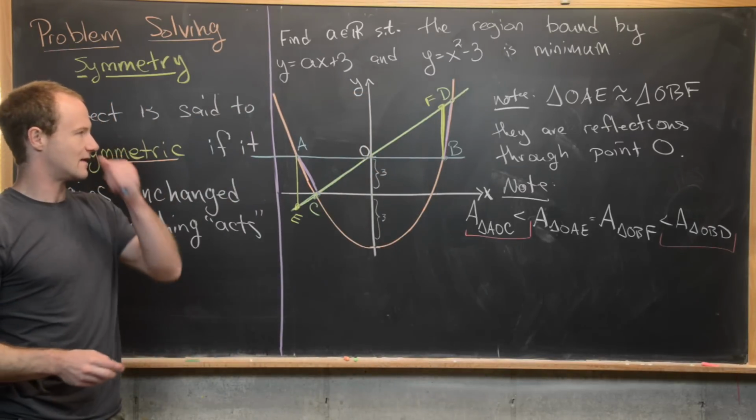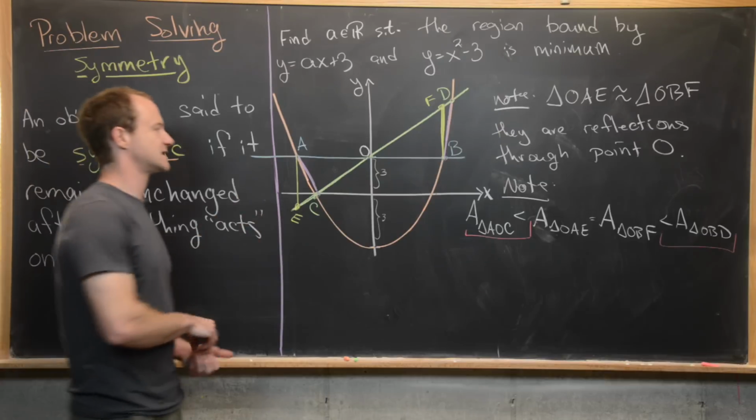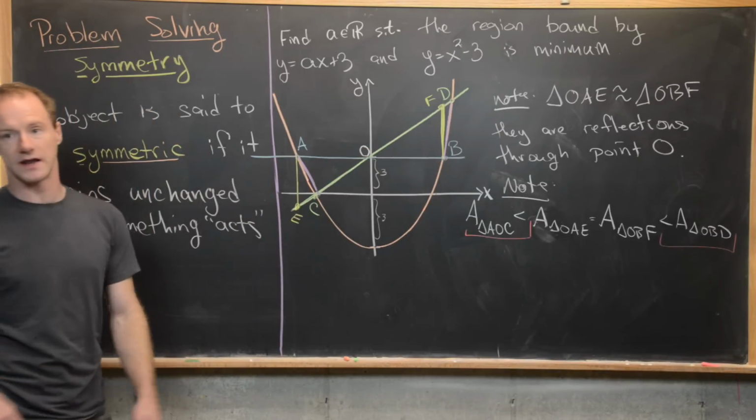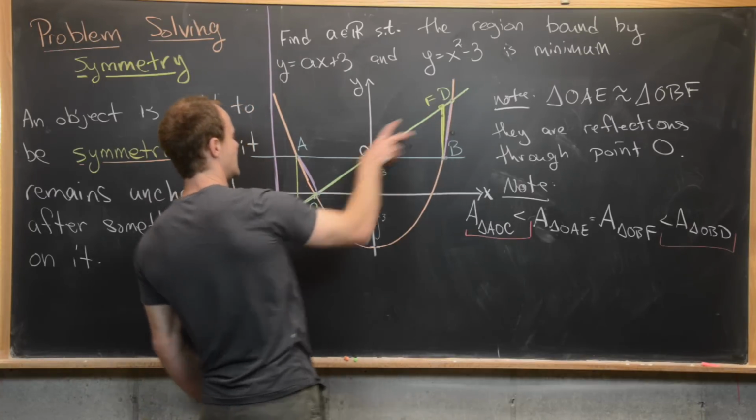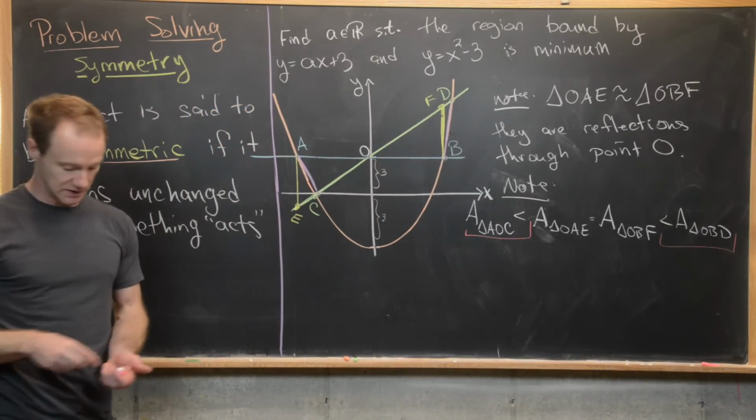But what does that tell us? Well, that tells us that as we tilt this line, we end up adding more area above than we are subtracting below.